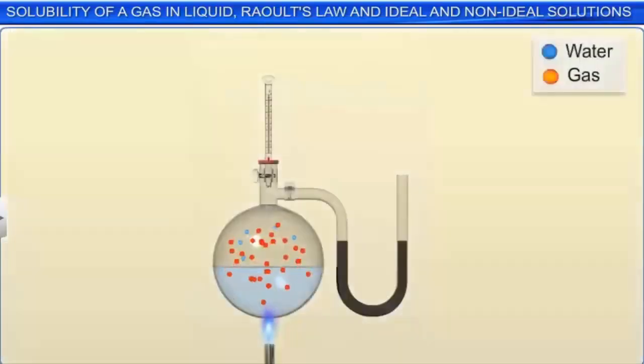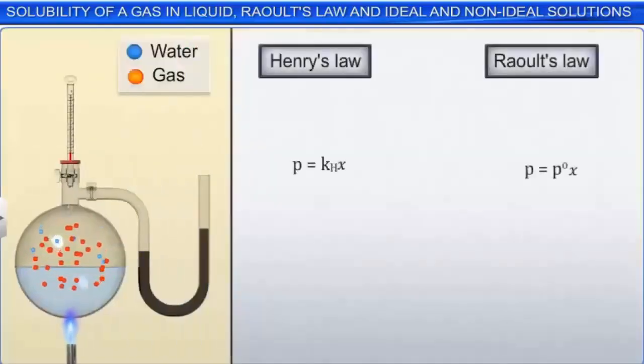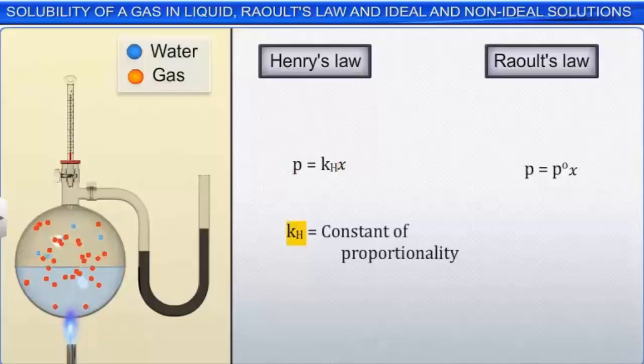Now, if one of the components in the binary solution is considered to be highly volatile, such that it exists as a gas, then, as you know, its solubility is given by Henry's law, P is equal to KH X. As can be seen from the equation, the partial pressure P of the highly volatile component or gas is directly proportional to the mole fraction X, and KH is the constant of proportionality, which can be equated to P naught.